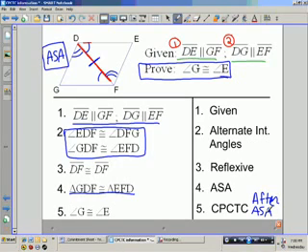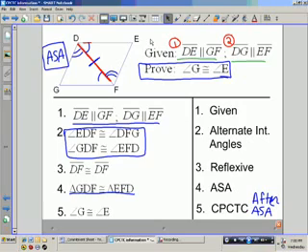I want to reinforce the idea that it always comes after you prove that the 2 triangles are congruent to each other. CPCTC after SSS. CPCTC after SAS. Whatever it is, it's always going to be after. Okay? So, go ahead, pause the video, clean up any questions, and I'll be back.